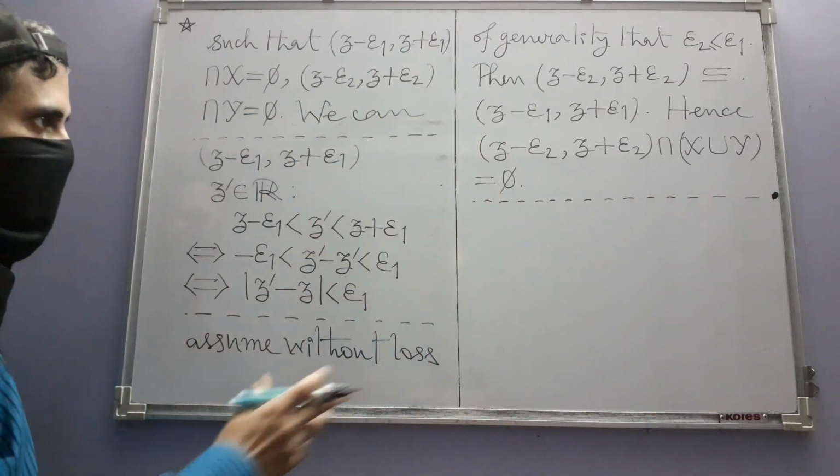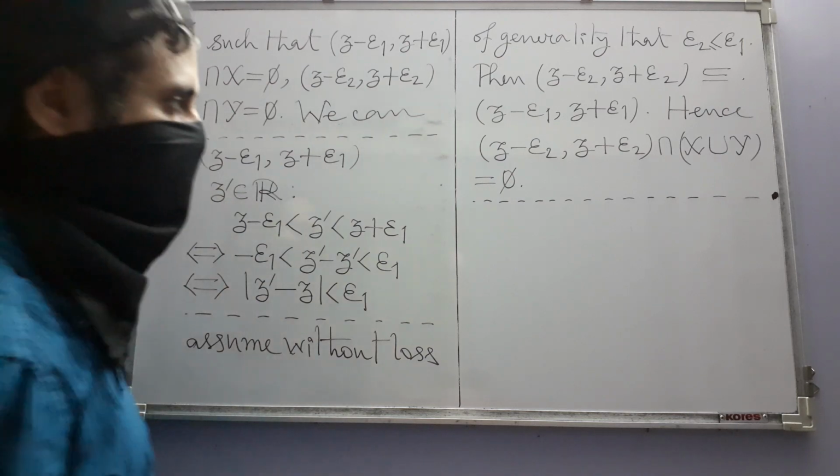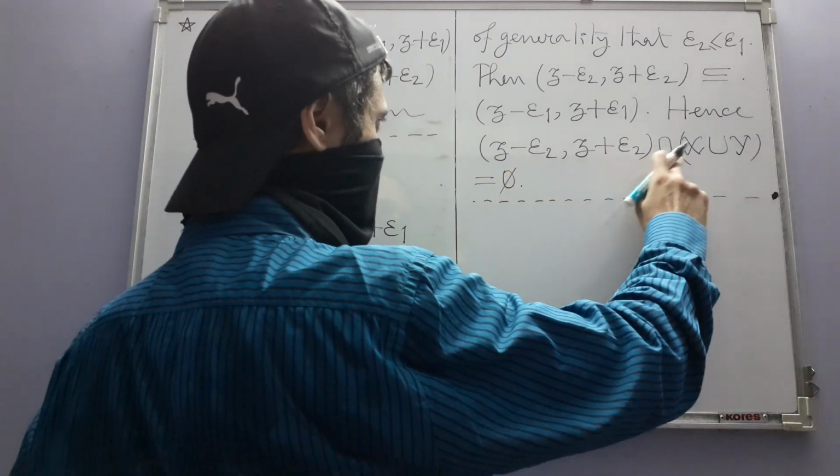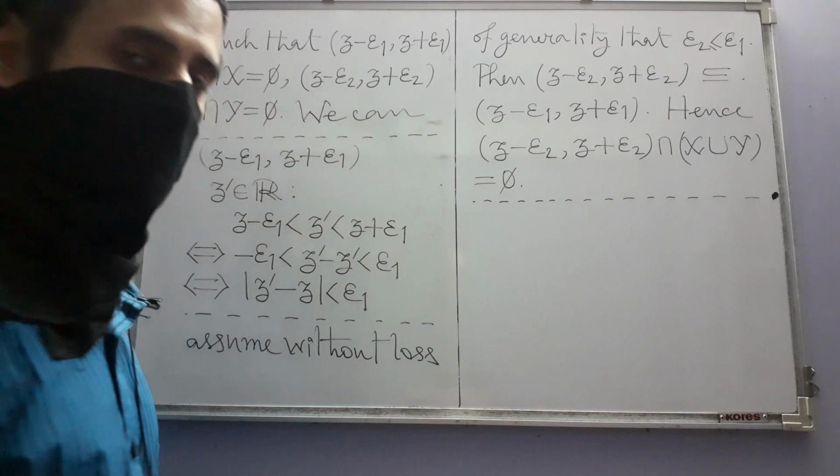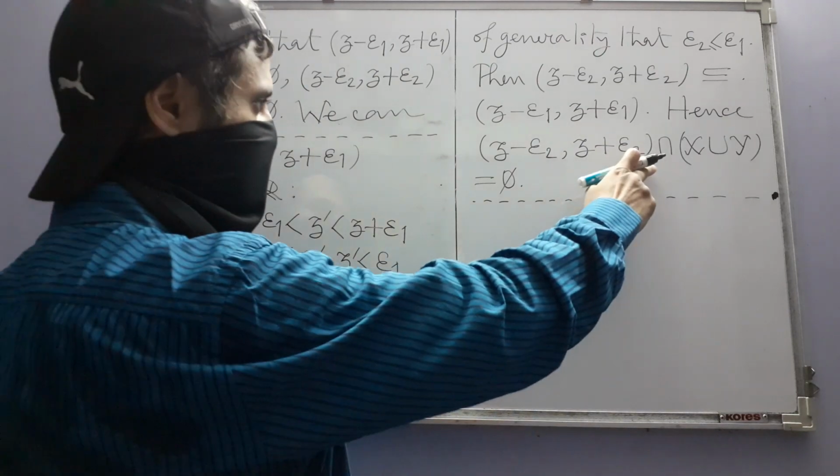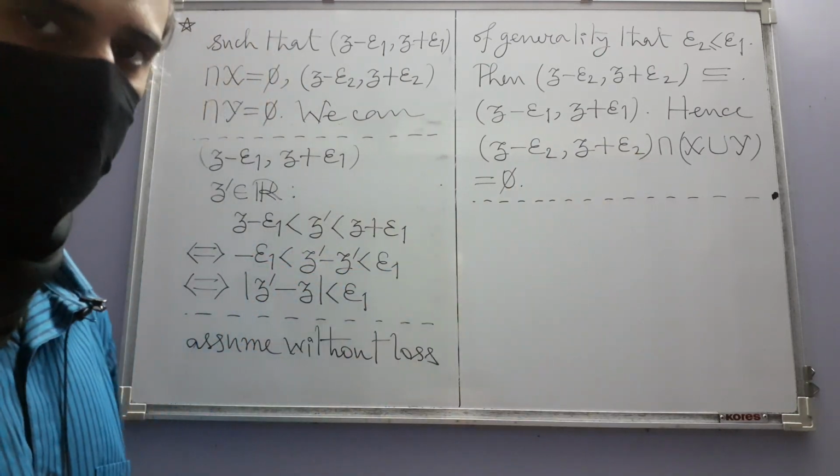Let us see in detail. Suppose you try to calculate this intersection using the fact that a set theoretic identity is there: intersection distributes itself over union.